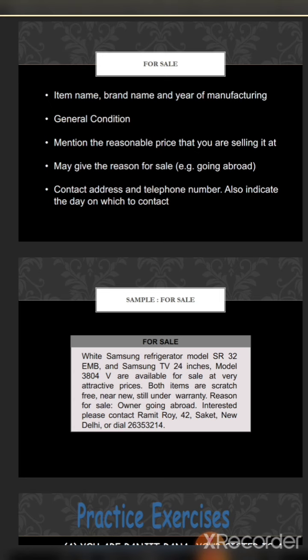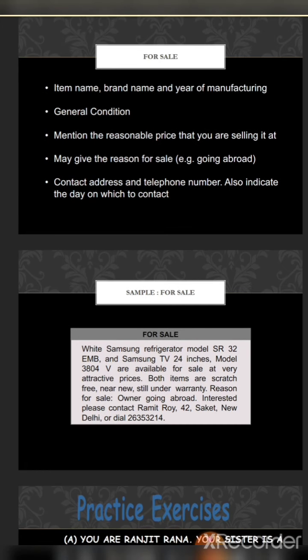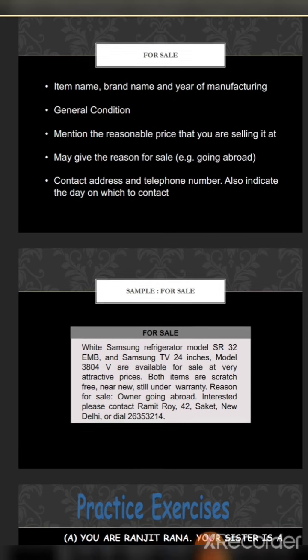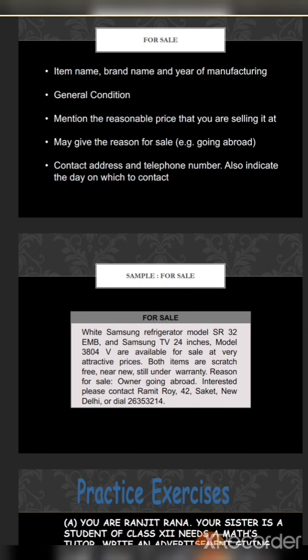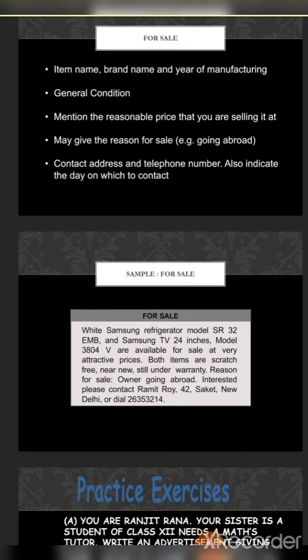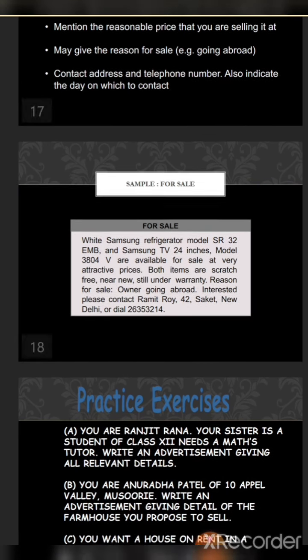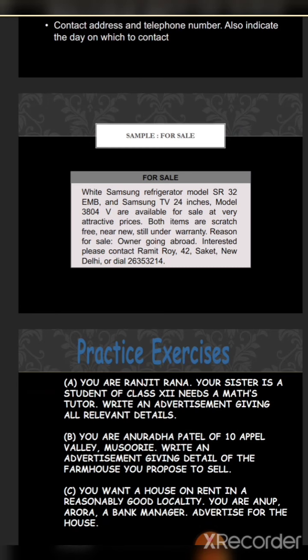We have to keep certain things in mind while writing this advertisement for goods or assets, like item name, brand name, and year of manufacturing, general condition, mention the reasonable price that you are selling it at, may give the reason for sale, maybe going abroad or something like that, contact address, telephone number, also indicate the day on which to contact. Now see, one sample is also written here for you for sale.